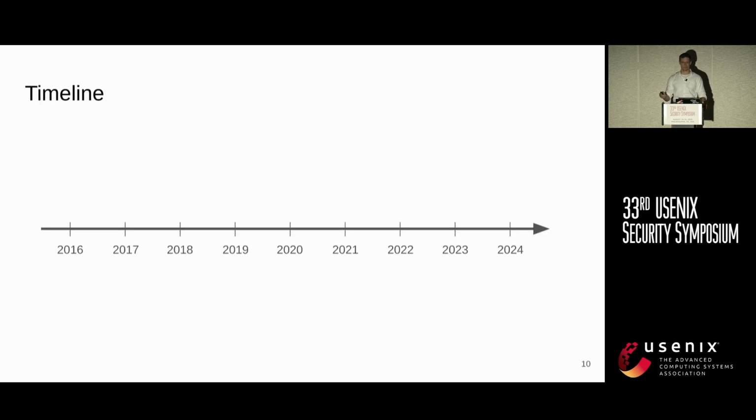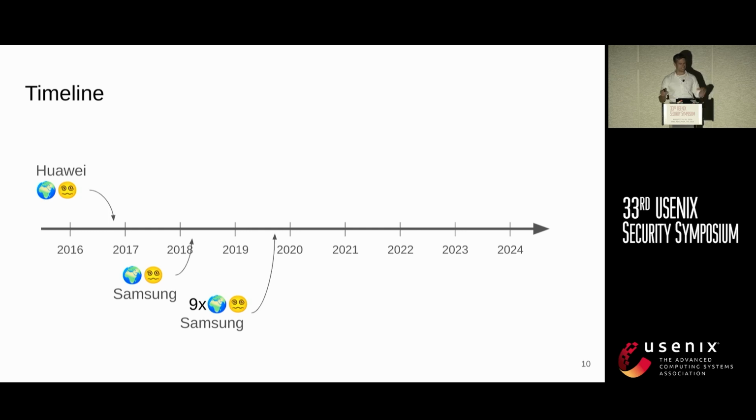So just to give you a visual for how severe this bug is. The first instance that we saw was one of Huawei, somewhere late in 2016. Then a bit later, in the beginning of 2018, Samsung realized that they have this issue. Then I guess someone realized that might be a vulnerability pattern, so they fixed 9 of these in their trusted applications. And you would think that, okay, they really got it at that point, right?